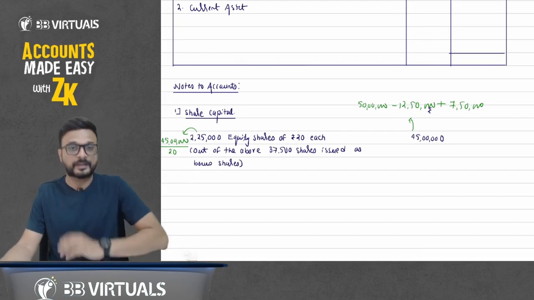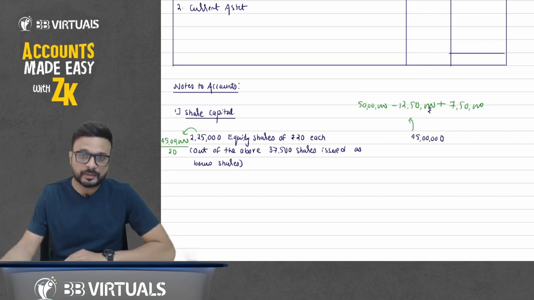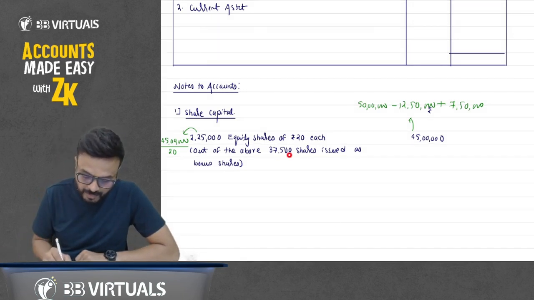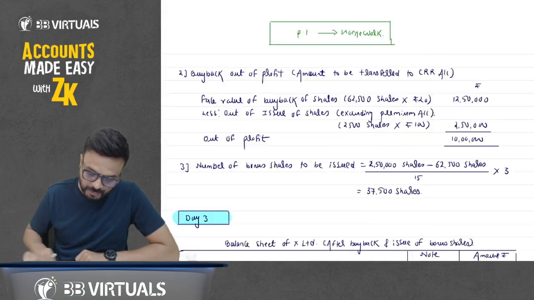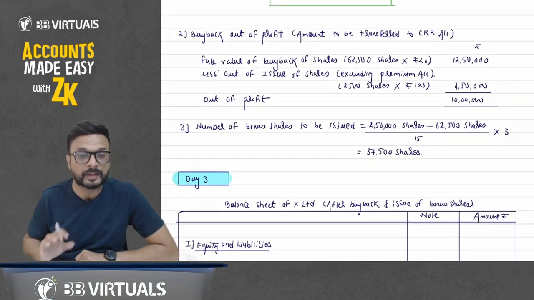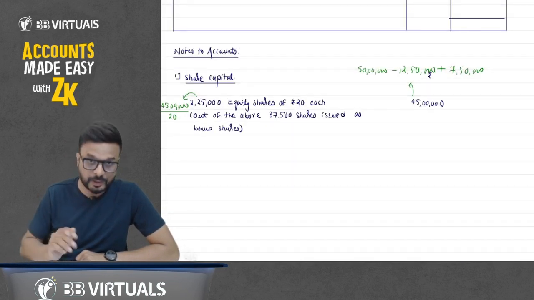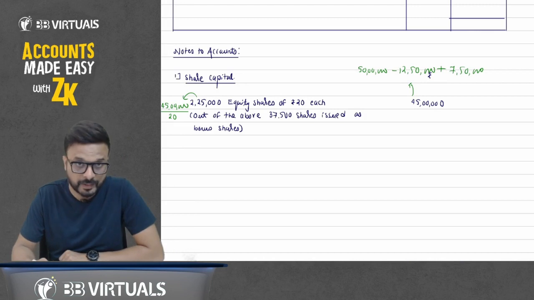Now because we have issued 37,500 shares as bonus shares, you can see here we have the calculation: 37,500 bonus shares. This is an issue other than cash consideration. That has to be mentioned like this here, that we have issued 37,500 bonus shares.